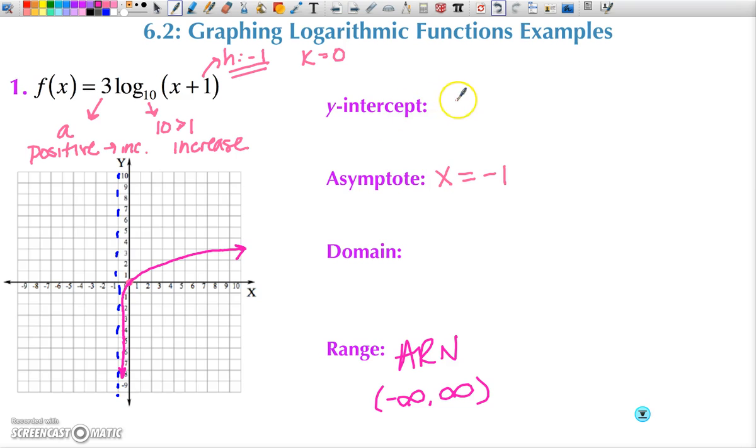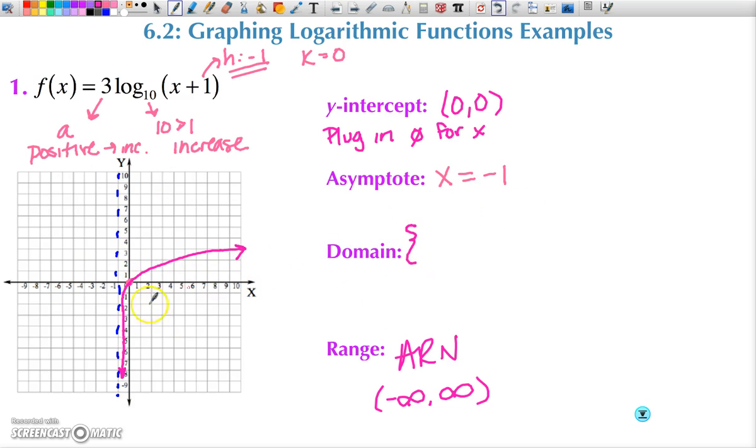Our y-intercept, we actually graphed it, so we didn't really even have to do anything. It is (0, 0). However, if you're looking for your y-intercept, you just plug in 0 for x. That's all you're doing to find that intercept if it isn't already explicitly given to you in the graph. And then we do our domain.